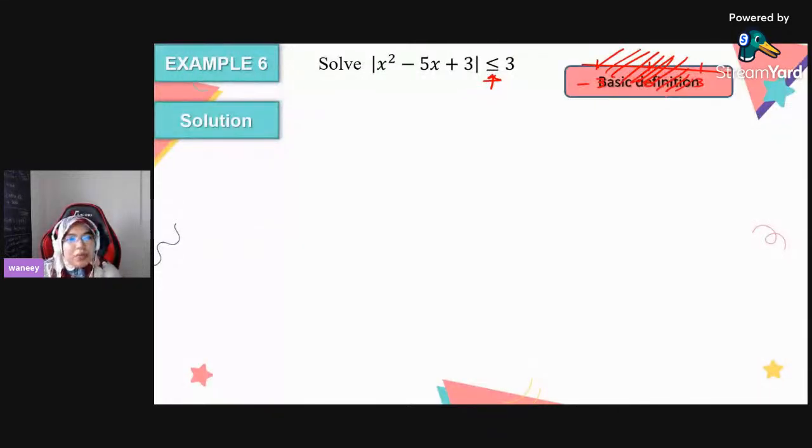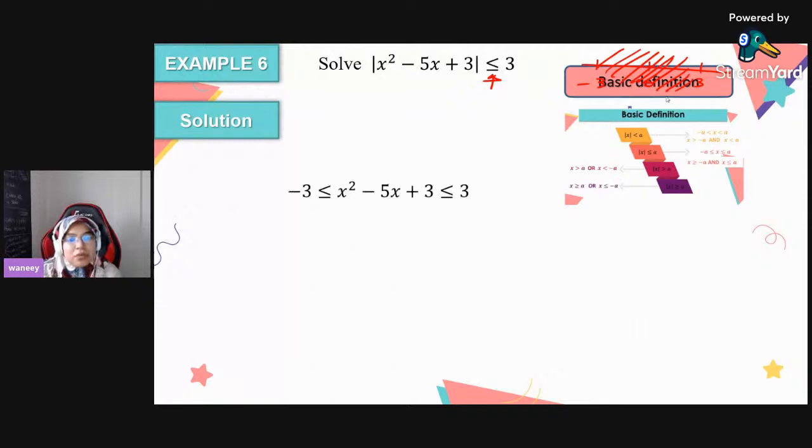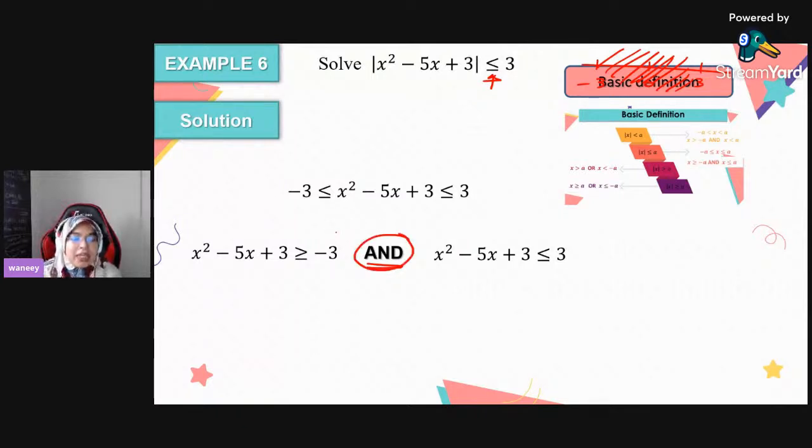So x squared minus 5x plus 3 will be in between negative 3 as well as 3. So now we are going to separate into two different inequalities. But then right in the middle, you should write down the word and because they must happen at the same time. Therefore, we need to use the word and.